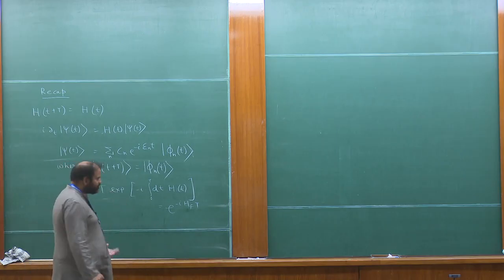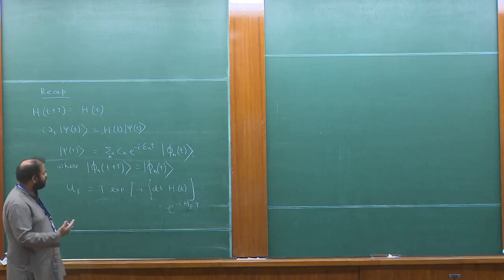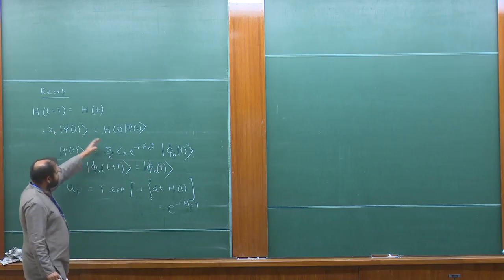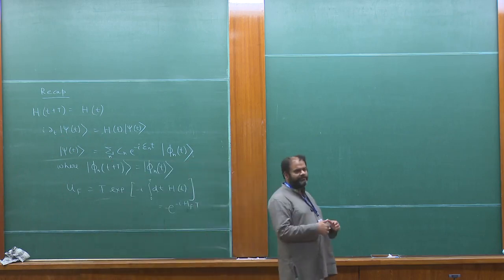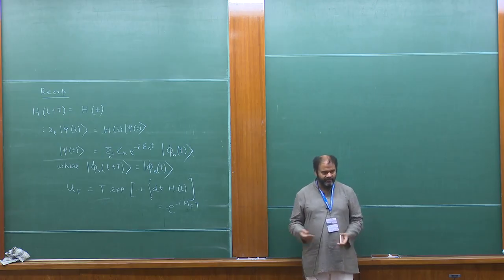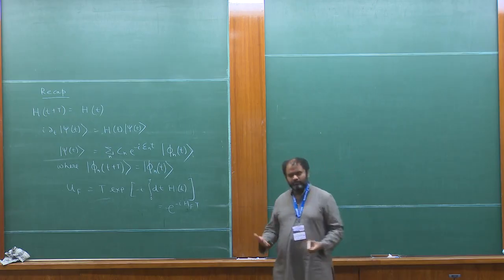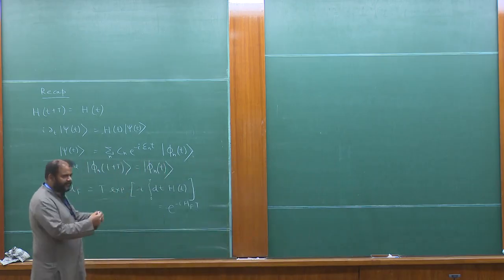In this whole process, somehow I started off by telling you that this looks very much like the Bloch equation that we encounter when we deal with periodic potentials. Basic condensed matter 101 deals with periodic potentials.